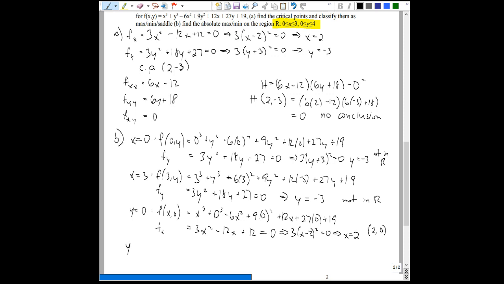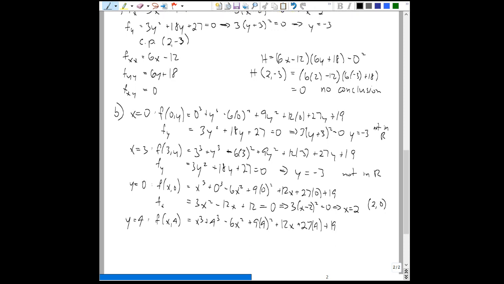And then the last boundary piece is that y equals 4. And so plugging in 4 for y, we will get x cubed plus 4 cubed minus 6x squared plus 9 times 4 squared plus 12x plus 27 times 4 plus 19.